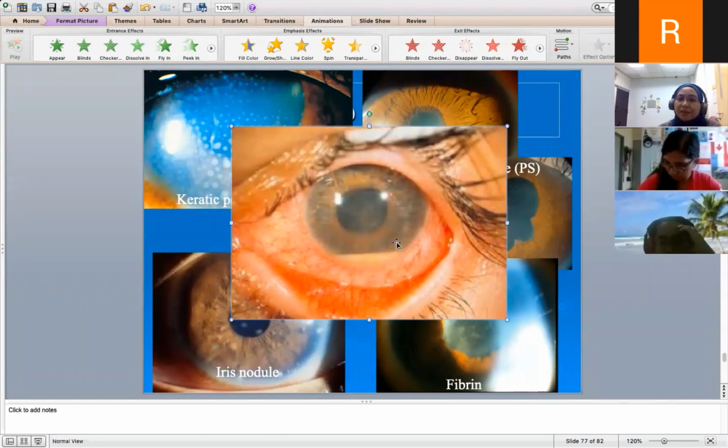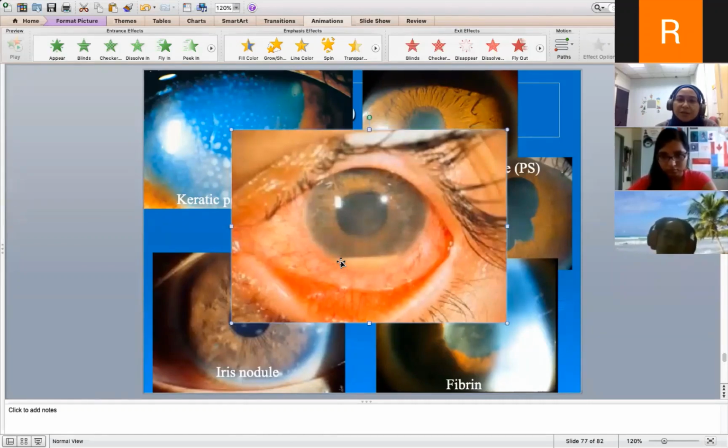There's another condition where you see hypopyon: post-cataract surgery, you suspect endophthalmitis, an infection in the eye. But for this type of patient, usually they don't have any surgery, yet they have hypopyon. So these are anterior uveitis. The causative factor is tuberculosis number 1. The rest are your autoimmune diseases.